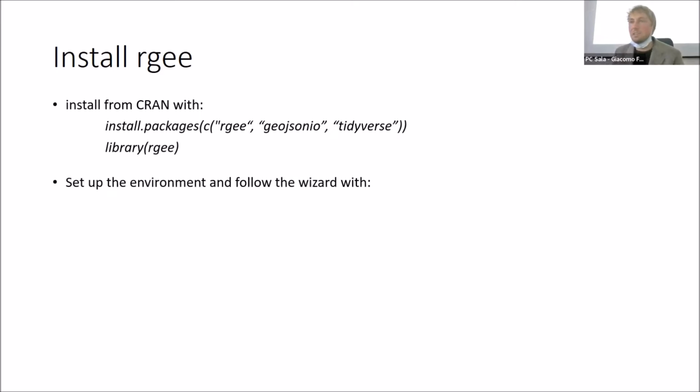Then you will have to set up the environment, but maybe I will give you 1 or 2 minutes to install the packages. And you need to be connected to the internet, of course.